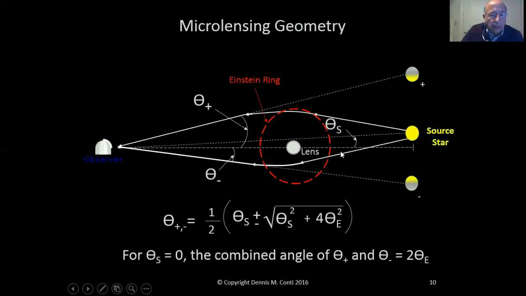So it all works out. Again, the math is just to show you that there are relationships between the angles of the source star and the observer, as well as these virtual images.